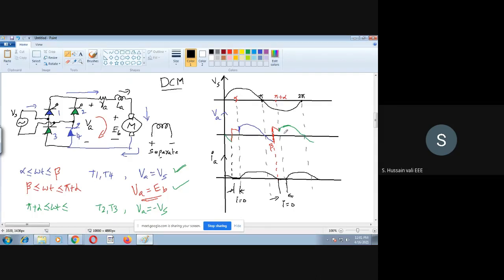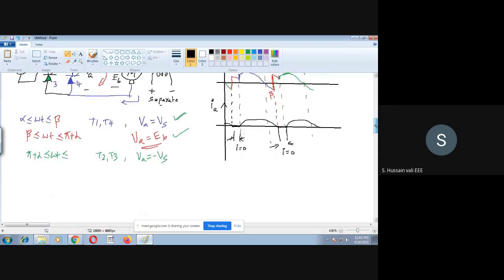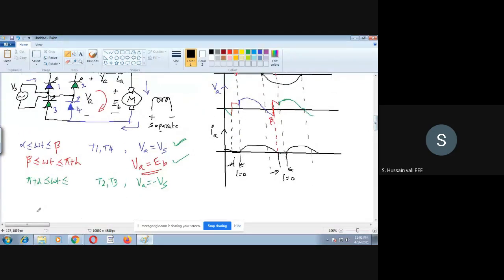Okay. So now what I'm interested to know is the average voltage in this particular circuit diagram. What is the average voltage here once again?